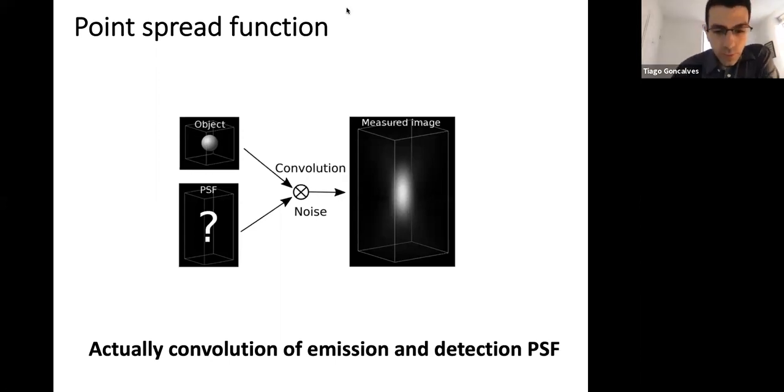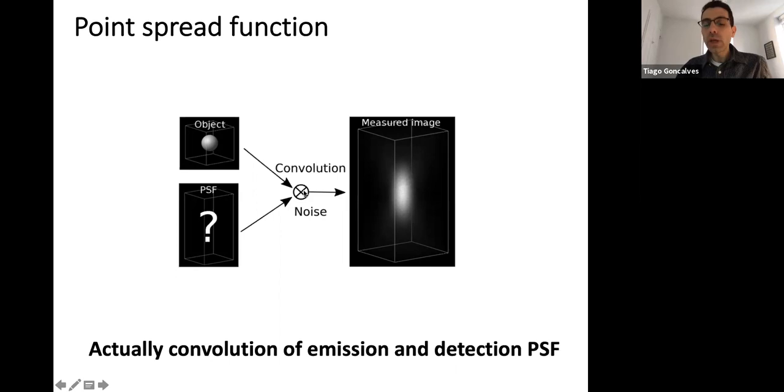Point spread functions. A point spread function is basically, in an ideal world with an ideal imaging system, a point would appear as a point. However, in a real imaging system, a point is not a point. A point is a blob, and it's usually elongated along the axial direction, around your objective axis, or the z-axis.